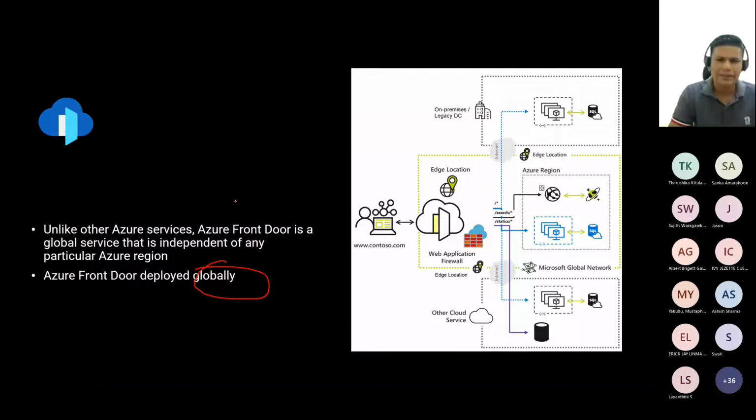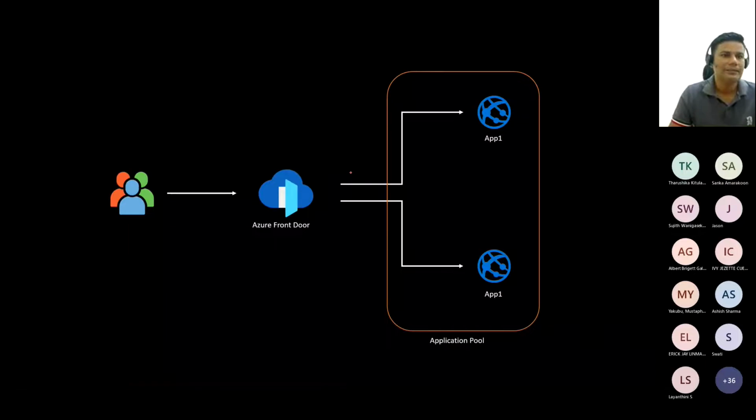Azure Front Door is a huge thing with a lot of rule engine features and settings, and this one hour is not enough to demonstrate everything. But I have summarized a few important topics that I can show you in this community. This is the demo I'll be doing today.